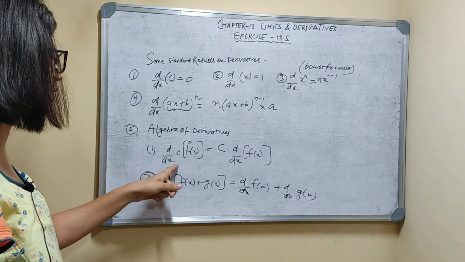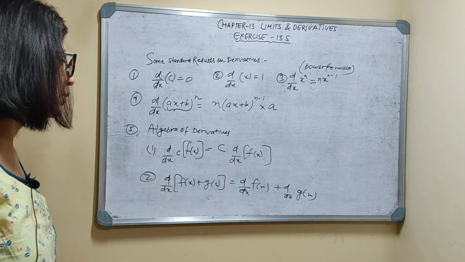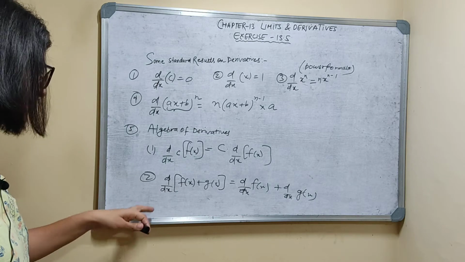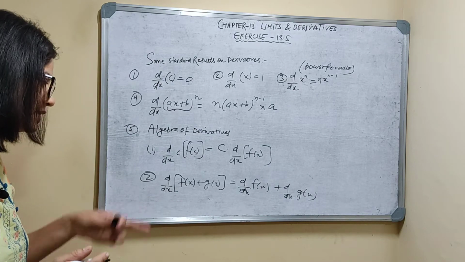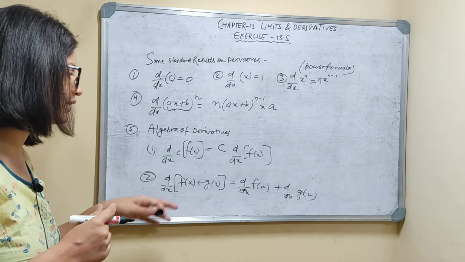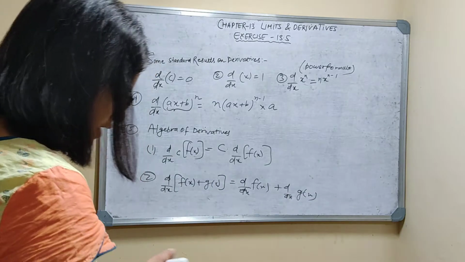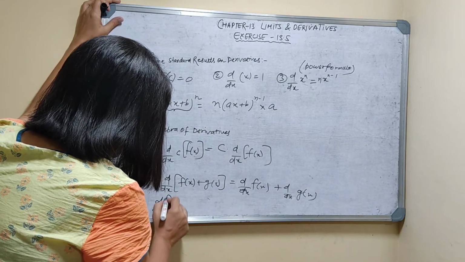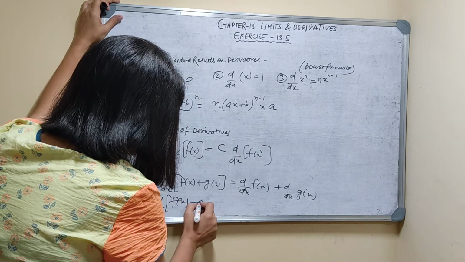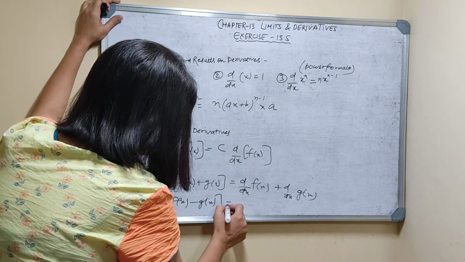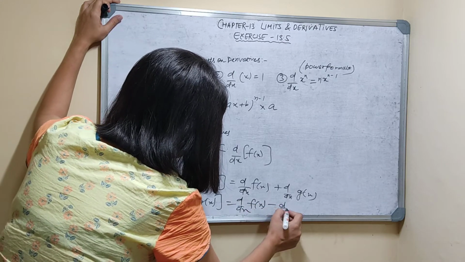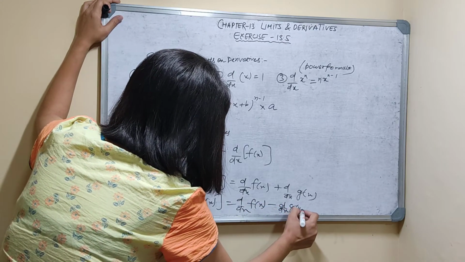You can write the constant outside and do d by dx of f(x). d by dx of f(x) plus g(x) is d by dx of f(x) plus d by dx of g(x). Same if it is d by dx of f(x) minus g(x), you can write d by dx of f(x) minus d by dx of g(x).